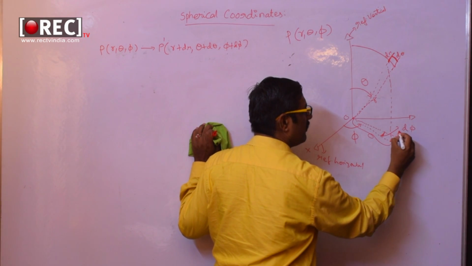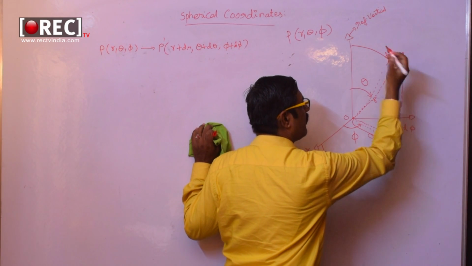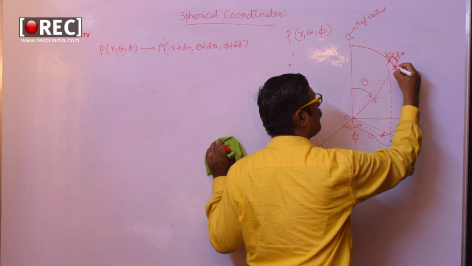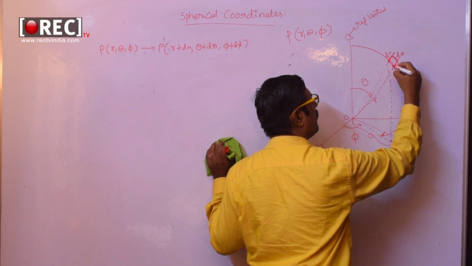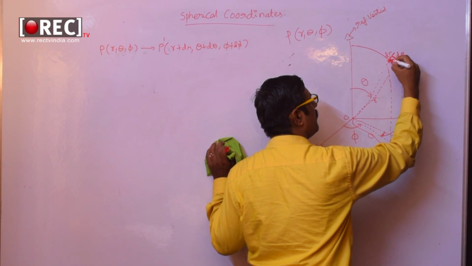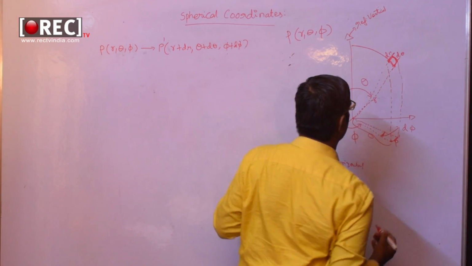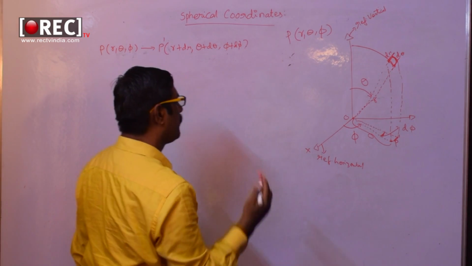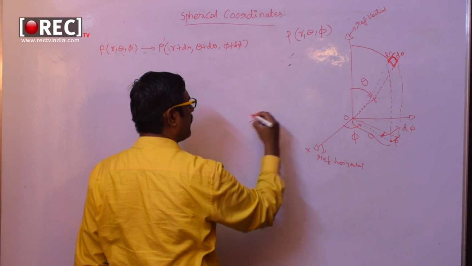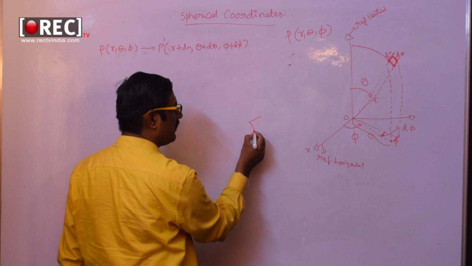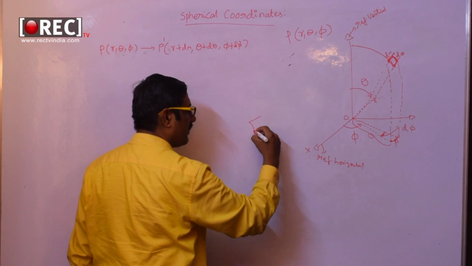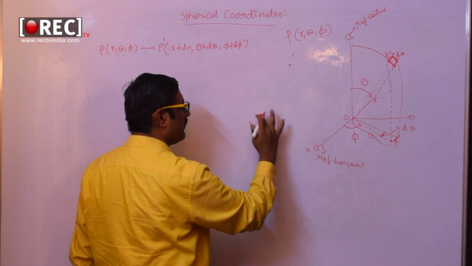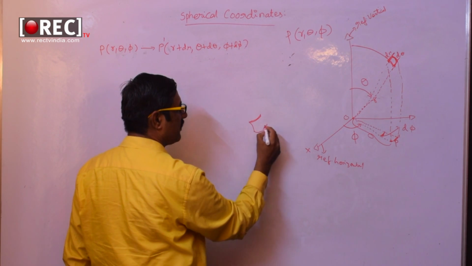Now let me project it upwards. This is the incremental cone which is formed on the surface of the sphere. It will look like this, with r, theta and phi.